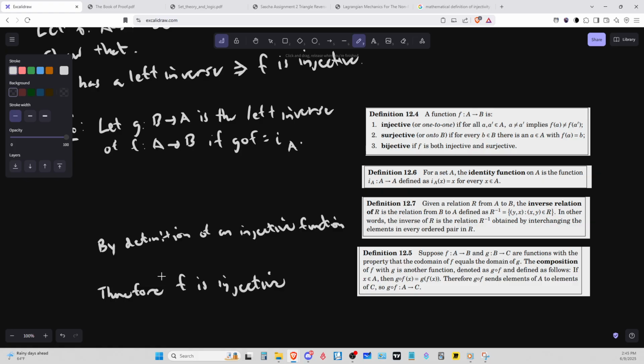Now apply the definition of the left inverse. Okay. By definition of the left inverse.